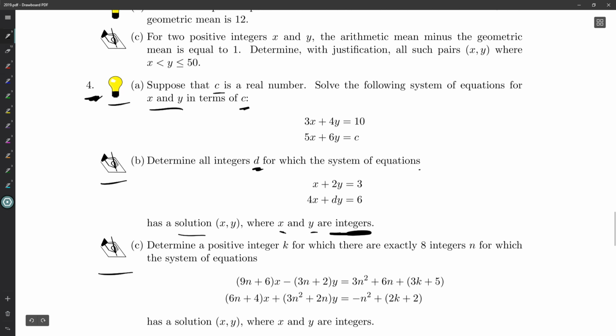I was worried because if it was something like x plus 2y equals 3 and 2x plus dy equals 6, technically d could be 4 and you'd have an infinite number of solutions. Pick an x and you can find a y. And surely there must be some integer solutions there. I guess we did kind of make the assumption that d wasn't equal to 8, didn't we?